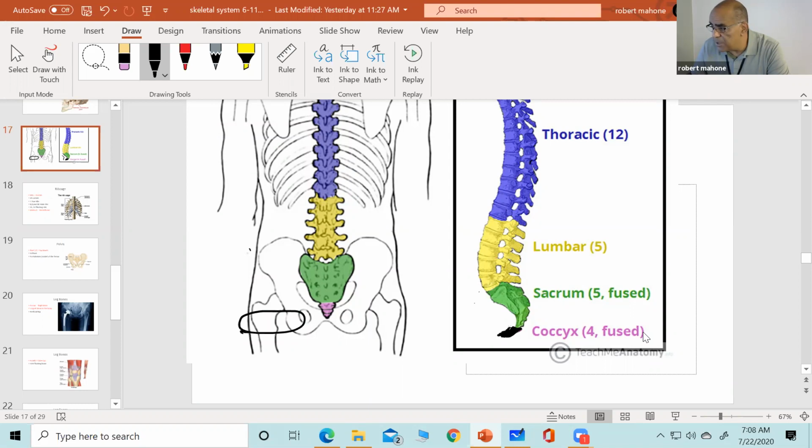And again, when people hear something and rather than look it up, they just assume they know what they're talking about, they put out stories like, this is the bone that your tail used to be attached to, and that's why they call it the tailbone. That's not why they call it that. It's called the tailbone because it's at the tail end of the spinal column. Okay. If humans did have tails, it was millions of years ago.